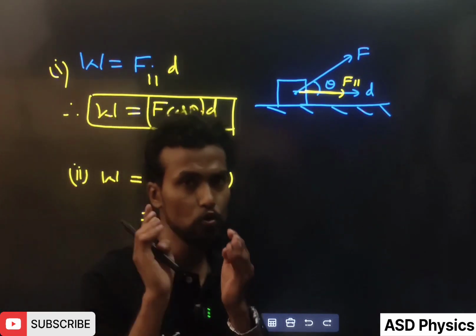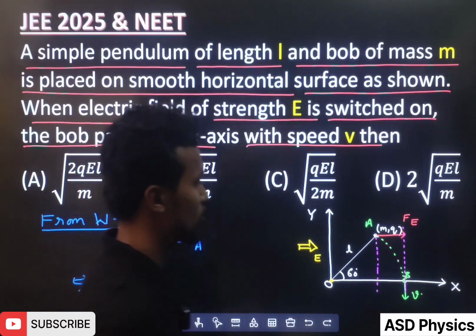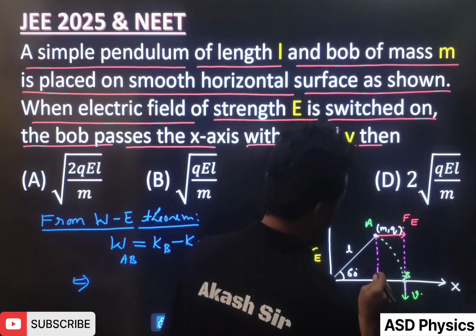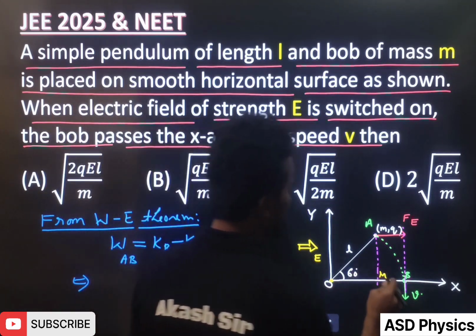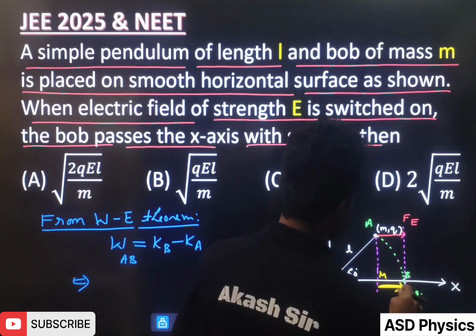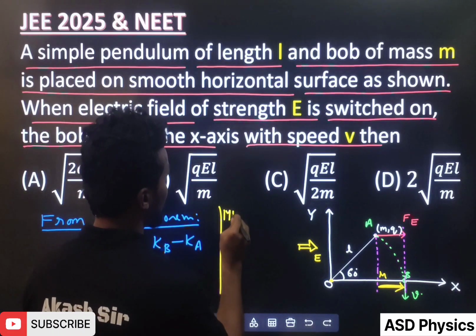So now we are going to find the displacement along the direction of the force. Let's take a point M. Can you tell me how much this displacement MB is?